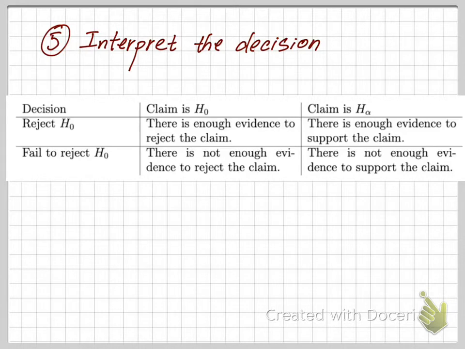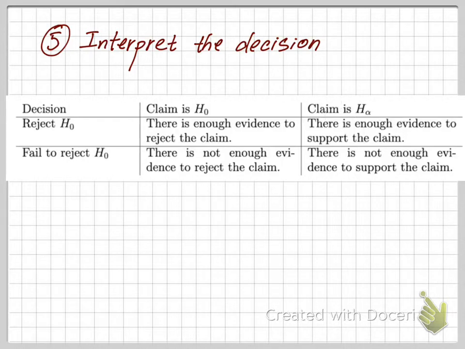Lastly, if the claim is the alternative hypothesis and you fail to reject the null, that means you're supporting the null, then you can say that at the alpha level, there's not enough evidence to support the claim because you're supporting the null and the claim is in the alternative.